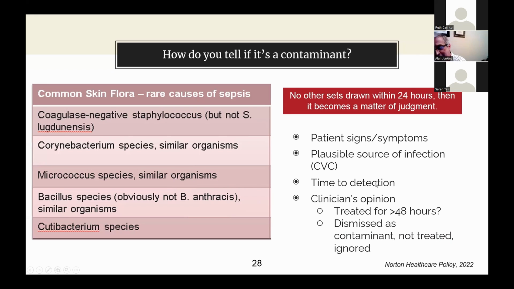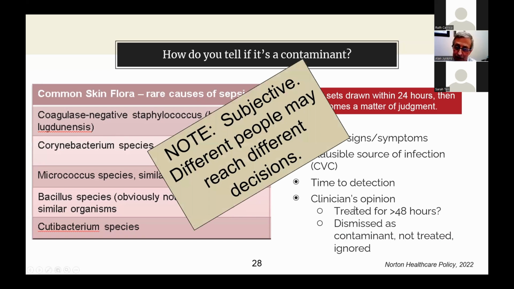If it took 36 hours, it's probably a contaminant. And look and see what the doctor did with it. Did they actually treat for more than 48 hours? Because sometimes they'll treat for 48 hours and then drop it because they decide it's a contaminant. Did they mention in their notes that this is a contaminant, or we're not going to treat it at all, or whatever? So that is going to be a subjective determination.